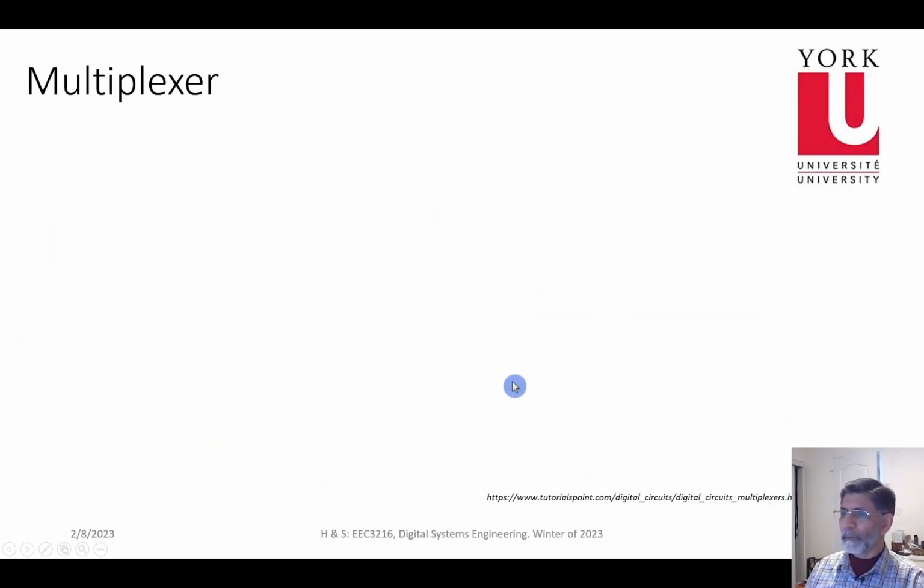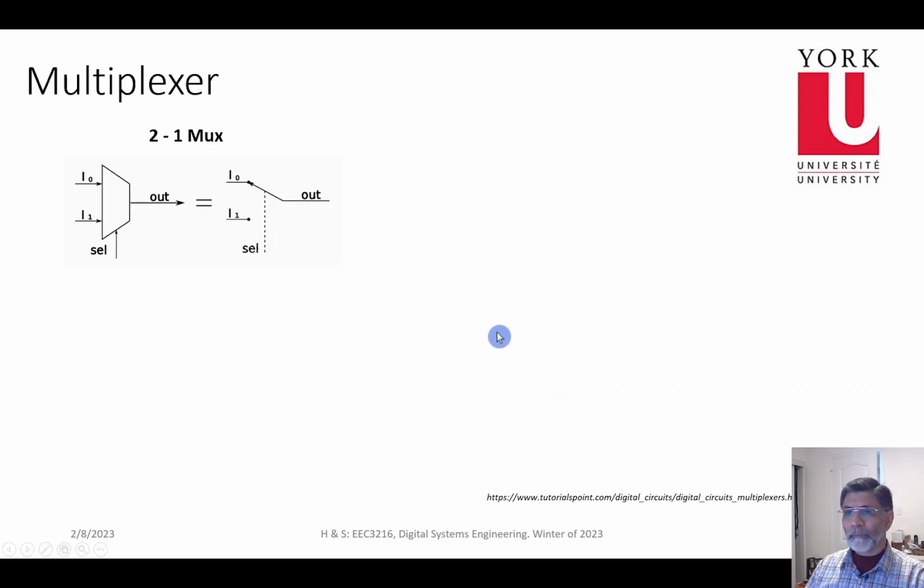All right, so now we're going to talk about these building blocks. Initially we'll be talking about the combinational blocks. Multiplexer is a combinational block. The other type of blocks are sequential; we will talk about them later. A simple multiplexer can be considered like a switch. If it is pressed, one input goes to the output.